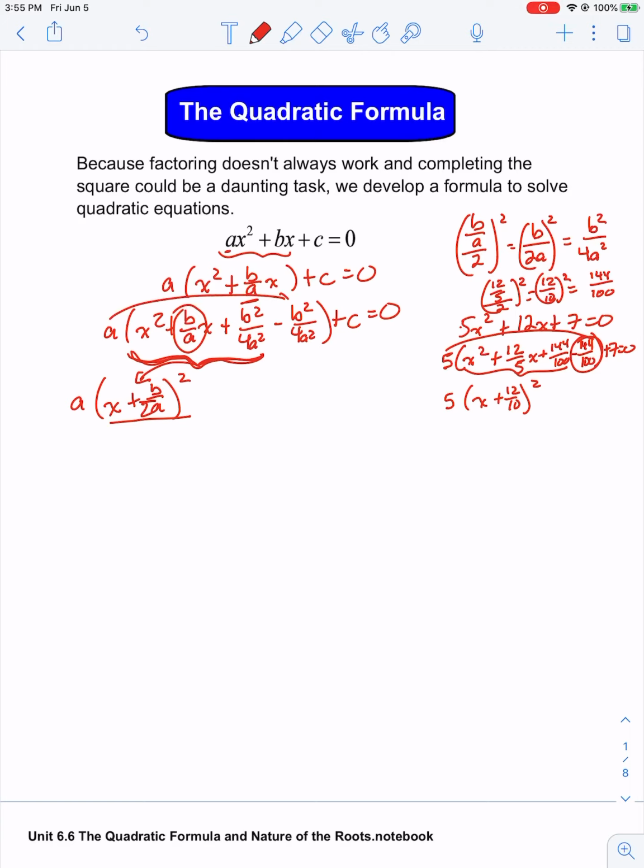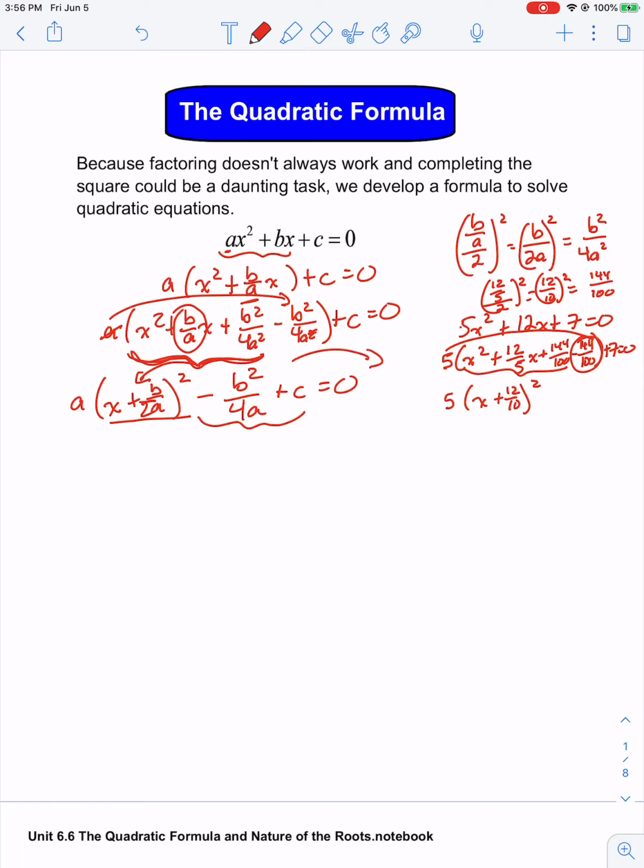Now the a needs to be multiplied by the b squared over 4a squared. So one of these a's will cancel out one of these a's, and that's going to become minus b squared over 4a plus c equals 0. Now we want to bring these two terms over to the other side.